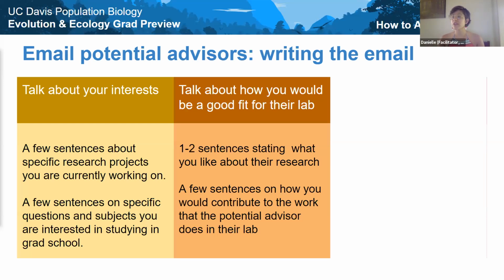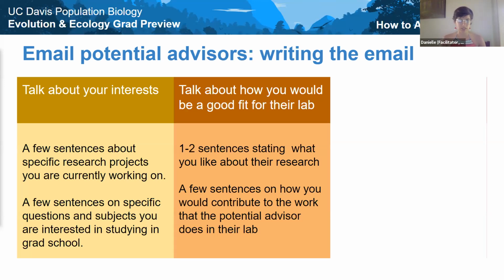And then you want to make the connection to how you would be a good fit for their lab. This might start out with a couple of sentences stating what you like about their research, what you find interesting, what you're curious about. After that, you want to follow with a few sentences on how you would contribute to the work in their lab.